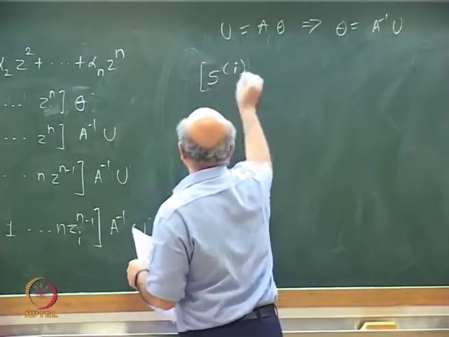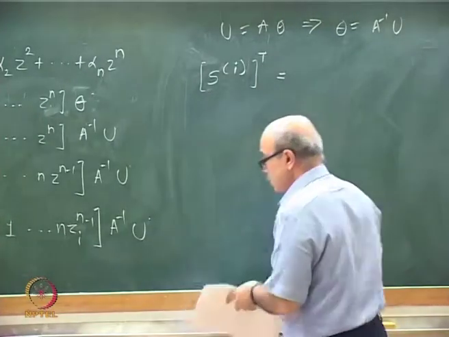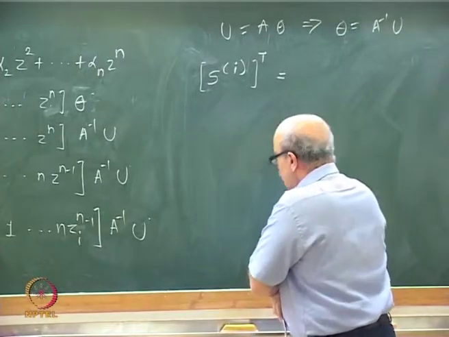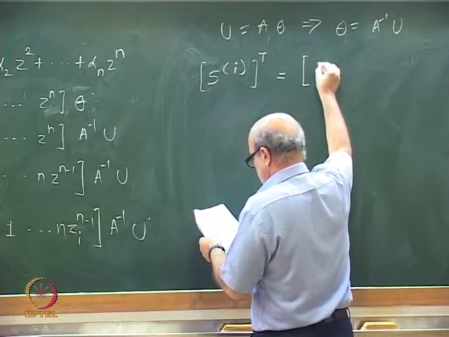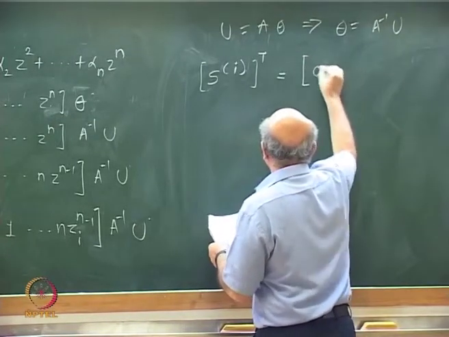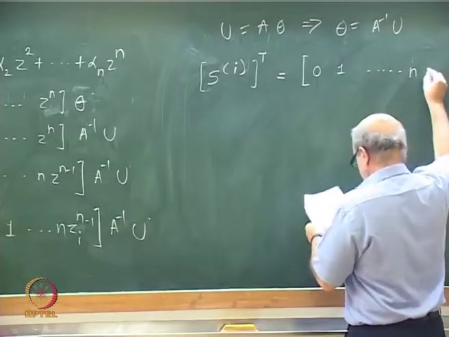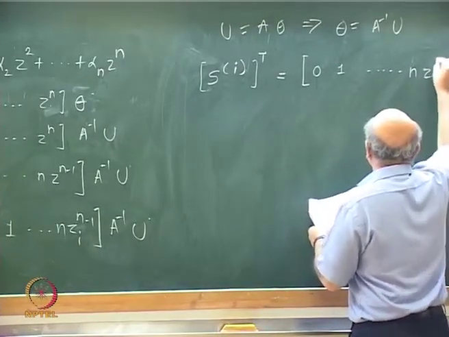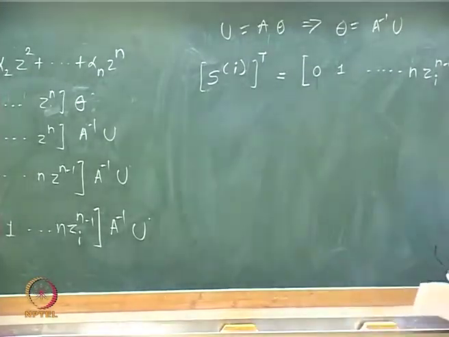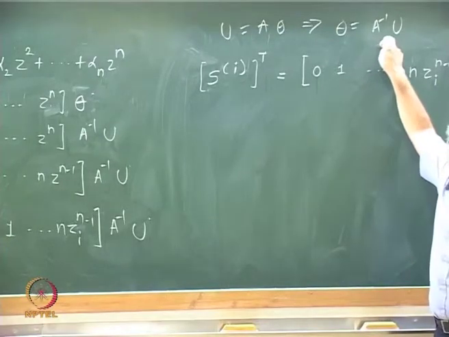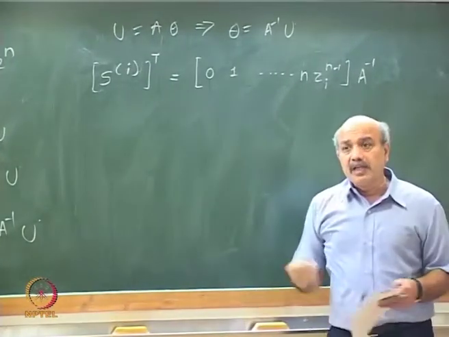I call this vector Si transpose. This Si transpose was defined as 0, 1, ... This A matrix is known to us, so A inverse is known to us.